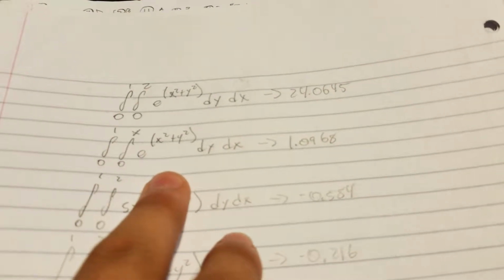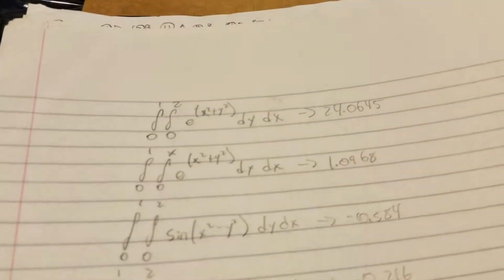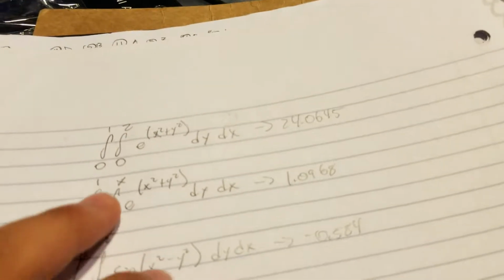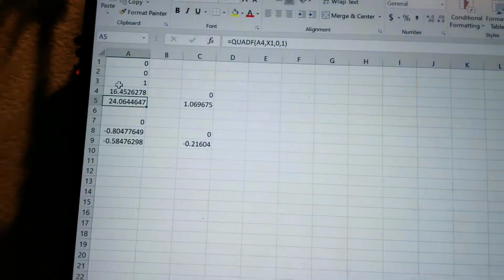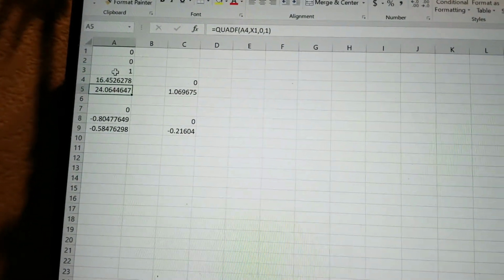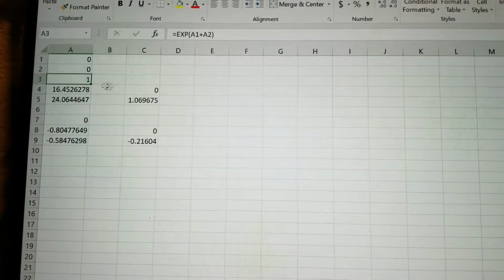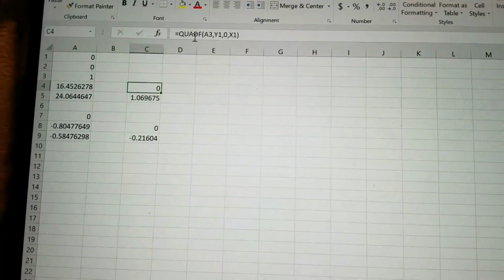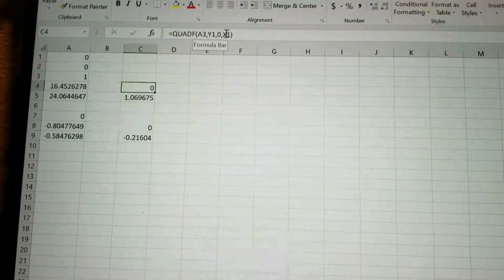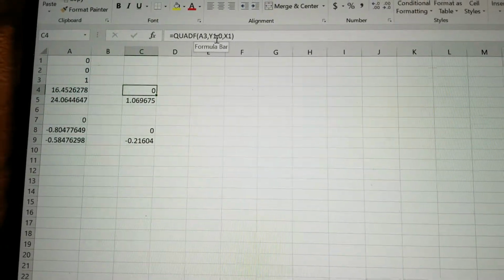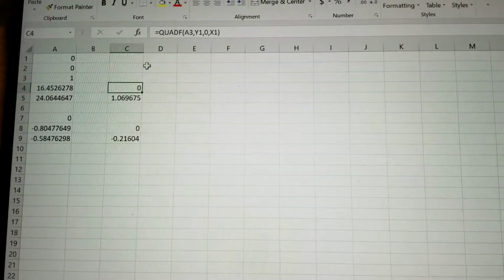And then for the second one, it's the same function, just different parameters. So I just used A3 because it's the same one. Just did QuadF from 0 to x instead of 0 to 2. And this is all in terms of y.